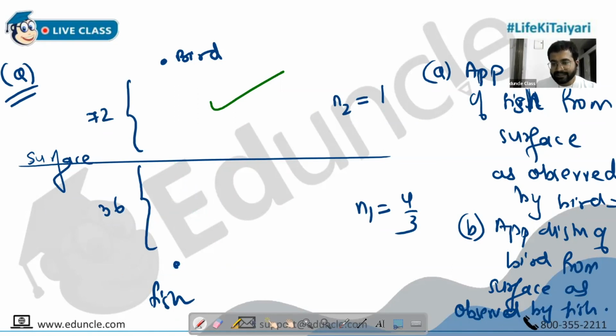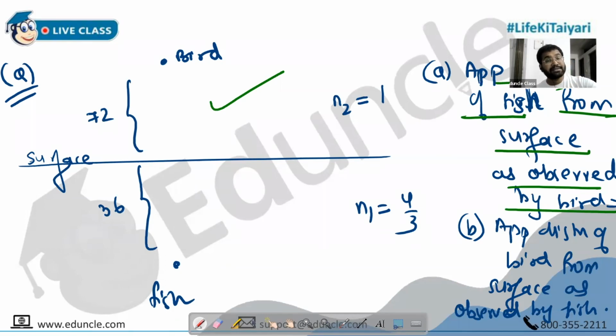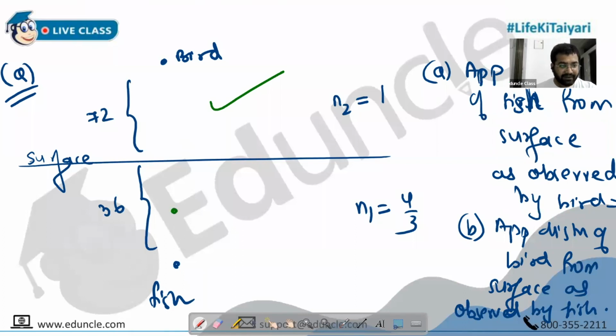So apparent distance of fish from surface as observed by bird. Now listen, they are asking you distance of fish from surface. So right now fish is here, people. This is very important English. Listen, this is the image of the fish, which is at a distance of 27. And here is the surface.